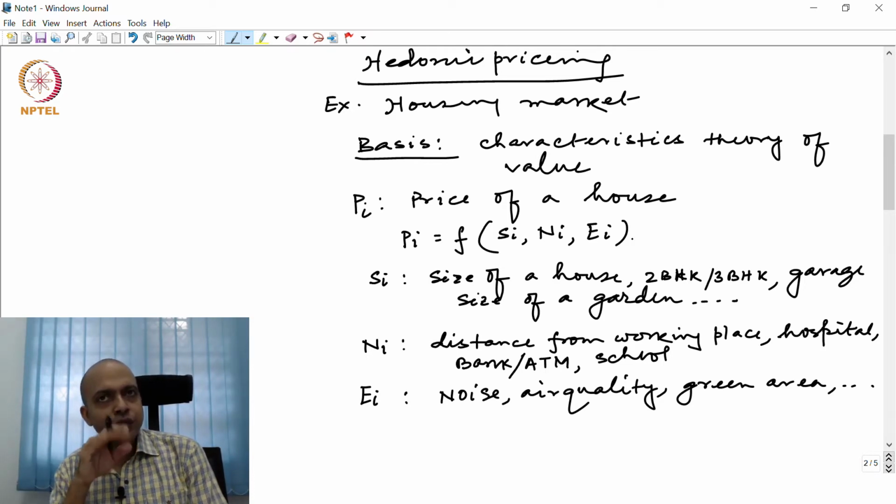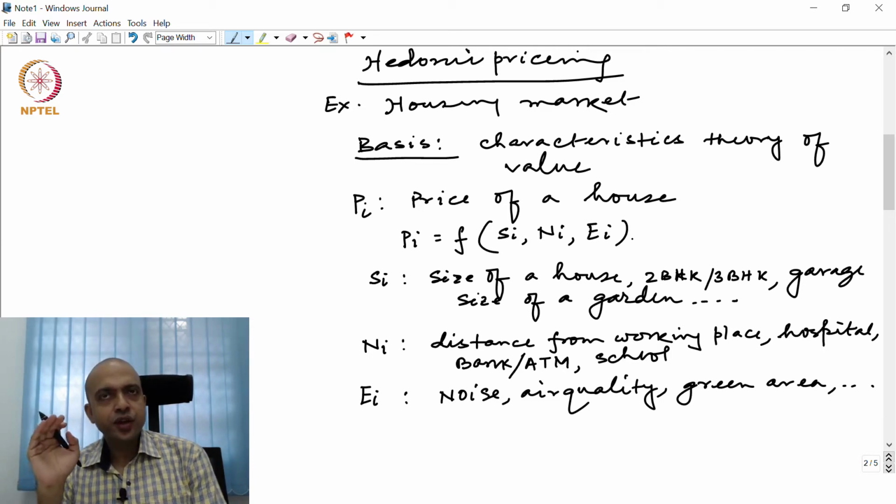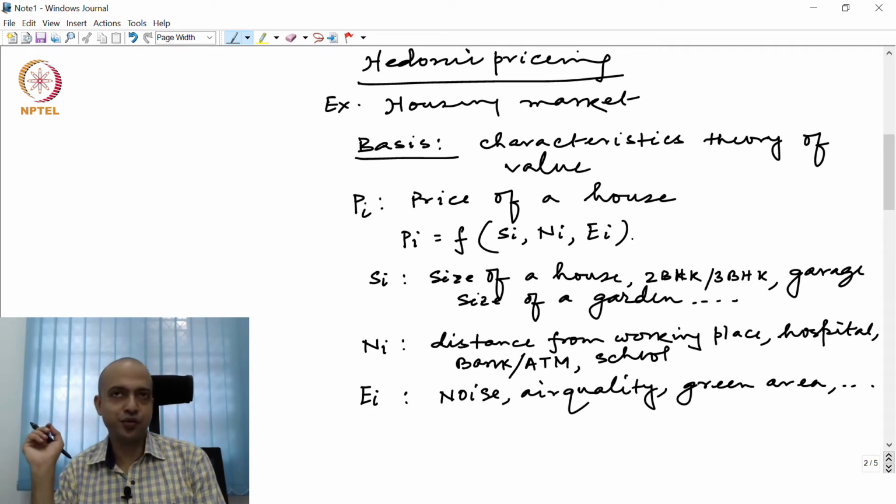Hedonic pricing particularly assumes that the housing market is in equilibrium, that means consumers can locate a particular house based on the marginal cost and benefit of a specific attribute.